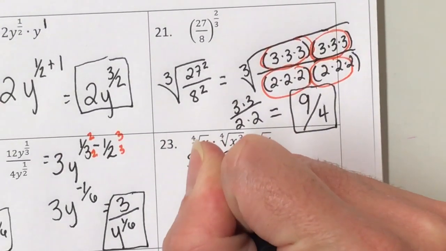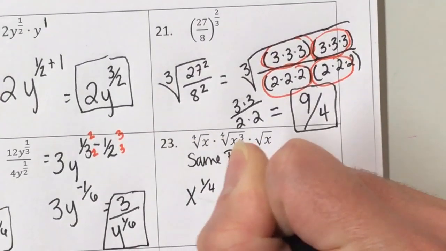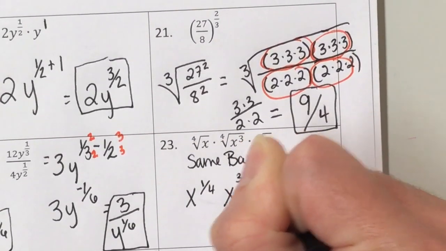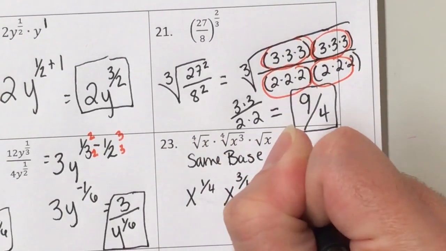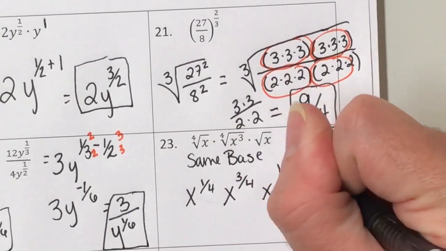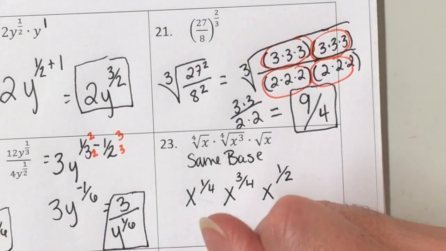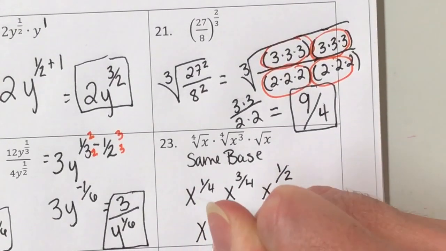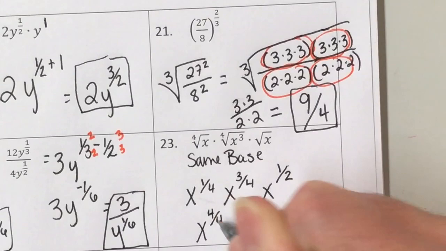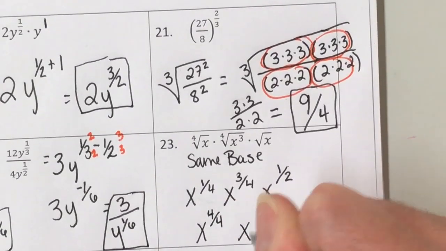So x to the 1/4, x to the 3/4, and then x to the 1/2. Well, 1/4 and 3/4 adds to 4 over 4. And then x to the 1/2.